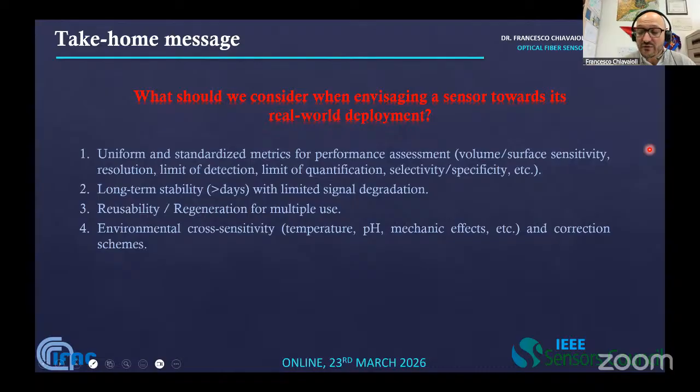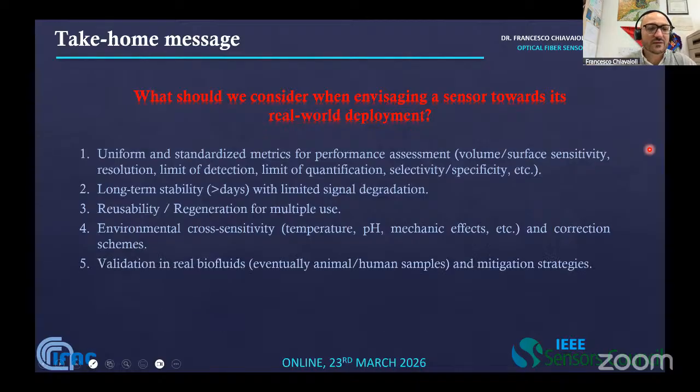Finally, we need to carefully assess all the environmental cross-sensitivities and also produce schemes to correct those cross-sensitivities. It's also important to have validation of the device in real biofluids, eventually in animal or human samples, and also a mitigation strategy in case of low performance in real conditions.